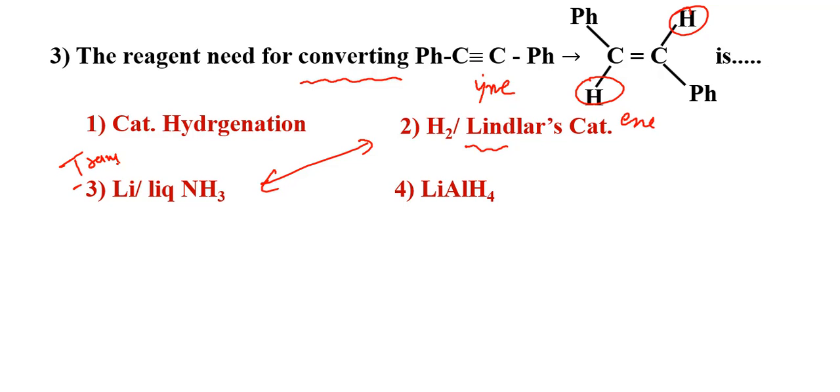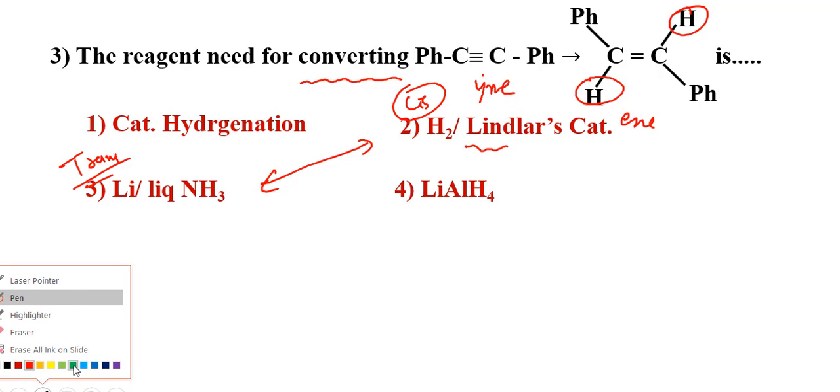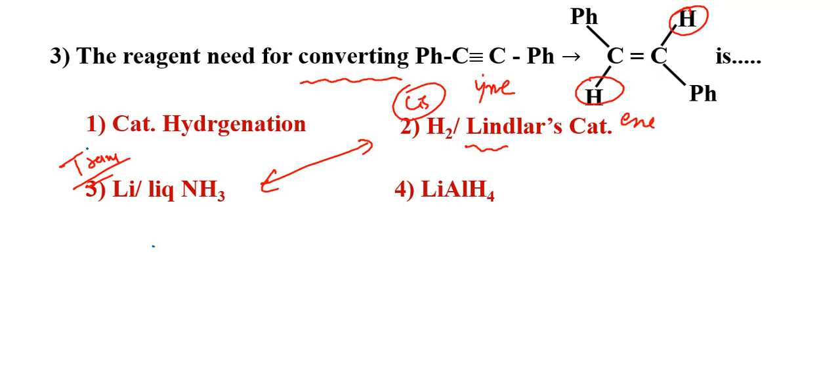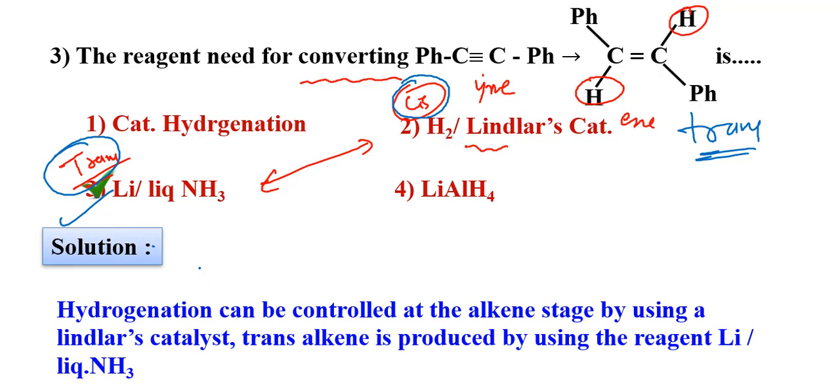This one is giving trans, this one is giving cis compound. So here it is trans compound, that's why your answer will be third. Hydrogenation can be controlled at the alkene stage by using Lindlar's catalyst. Trans alkene is produced by using the reagent liquid ammonia and lithium.